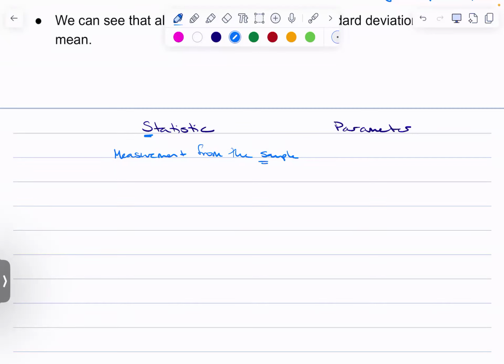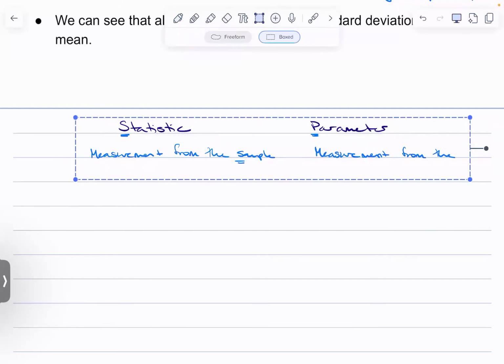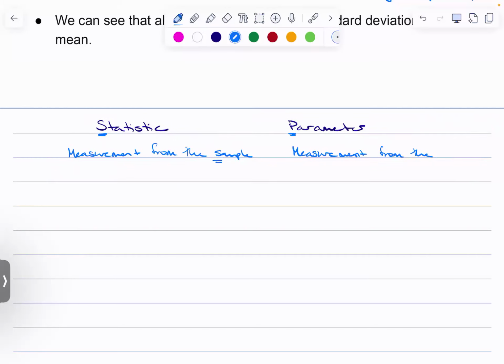You can tie those together. Whereas a parameter is the population equivalent. It's technically a measurement from the population. Again, pretty convenient because the P's link together: parameter is from the population.